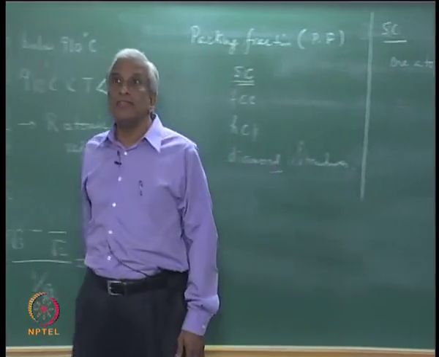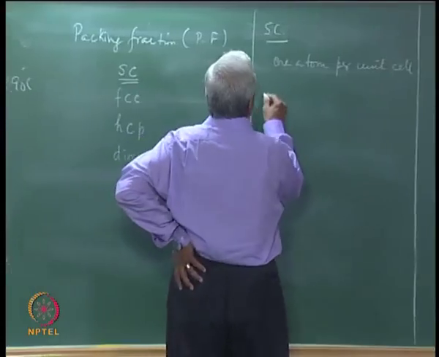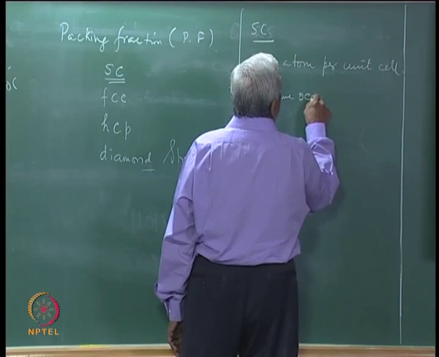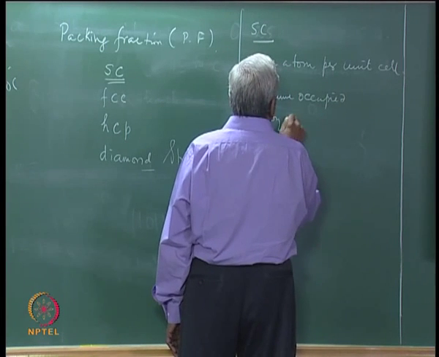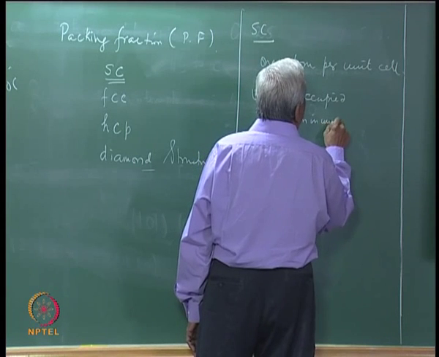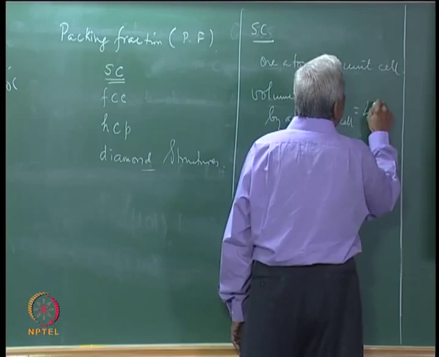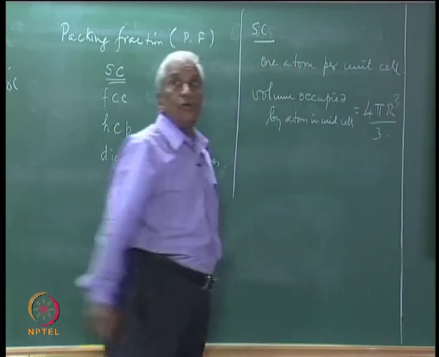So, if r is the atomic radius, then the volume occupied by the atoms in the unit cell is simply the atom volume 4 pi r cube by 3, since there is only one atom.